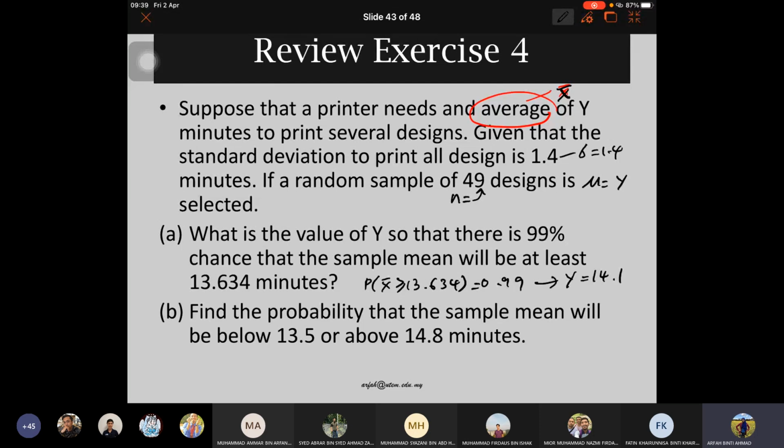So will be below probability of X bar less than 13.5 tambah probability of X bar greater than 14.8. So kalau awak kira dapat jawapan akhir 0.0015. So you can try this one by yourself. Saya nak tengok the next review exercise. Review exercise 9. Okay.